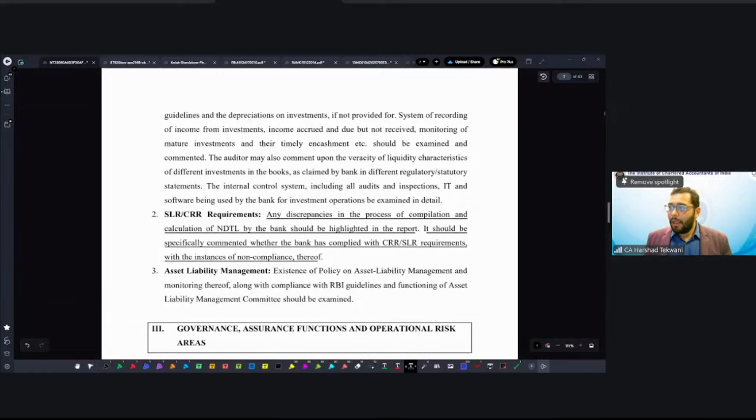But yeah, anything else that you will look into for the rates or for this calculation of demand and time liabilities? Anything that you will look into?